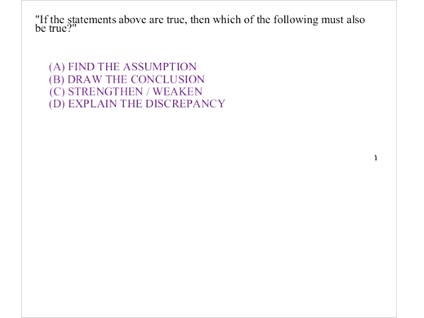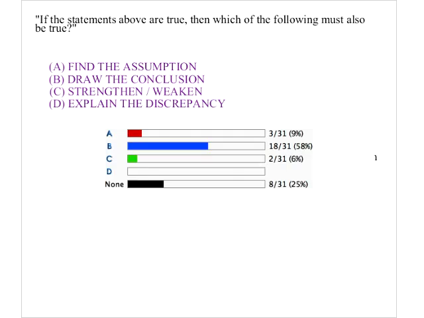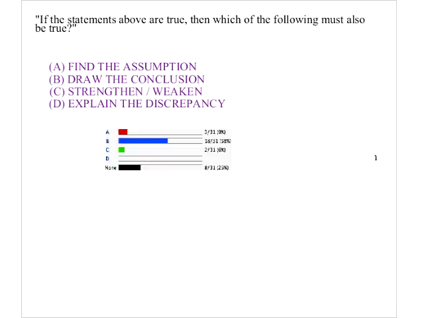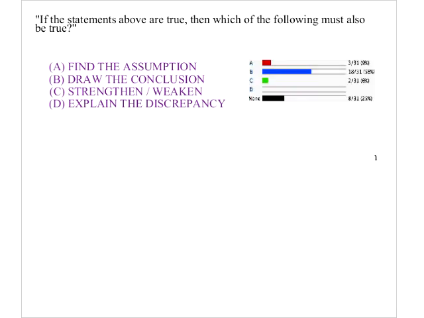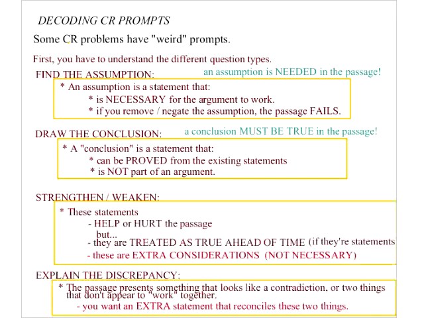Okay, you guys did very well on this one. Here are the polling results. There are still some of you without answers, but this is pretty solid. This is a draw the conclusion type question. And indeed the majority is correct this time. Because again, let's look at what we're doing. This must be true, proved from the existing statements.